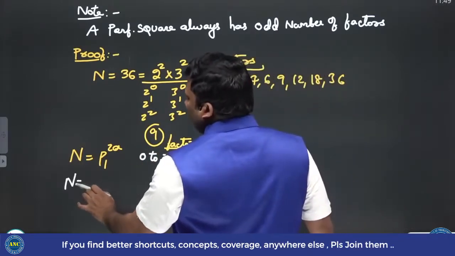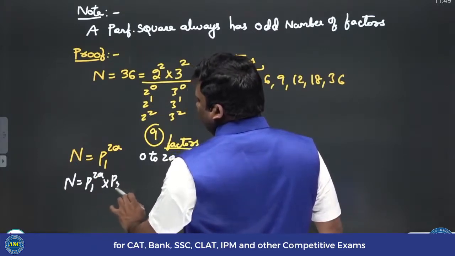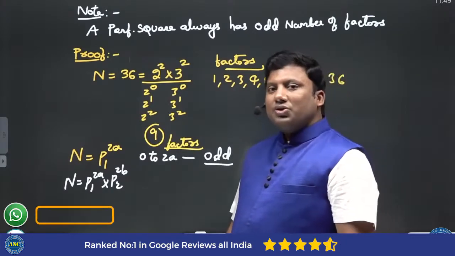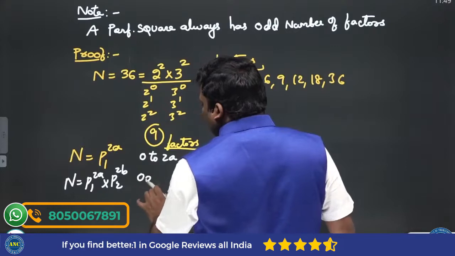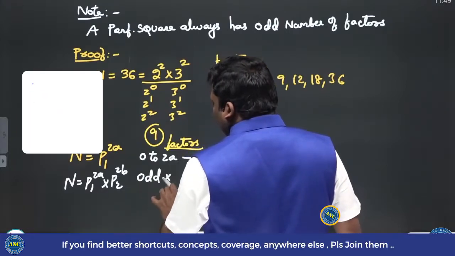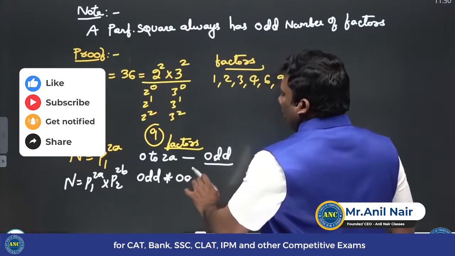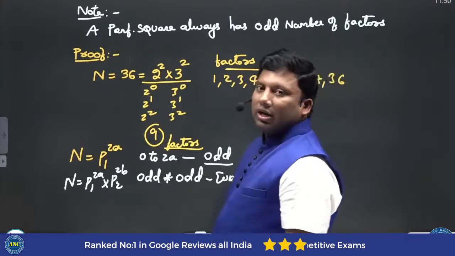Suppose there are 2 prime bases, P1 power 2a into P2 power 2b. Here I will get 0 to 2a, 0 to even, odd. 0 to even will be odd. Odd into odd, it will be odd.